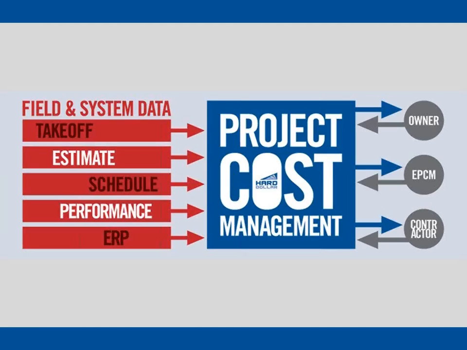So that involves cost estimating, progress measurement, and also the ability to integrate with other systems such as pulling in takeoffs, connecting with scheduling, and with your ERP system. And by getting all of that information and harnessing it into one place, we're able to then allow you to answer the question, how did we come up with that number? And you can have the confidence that you have the cost control and the profitability that you need.